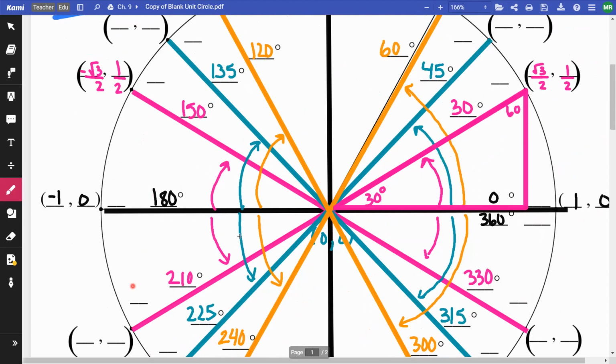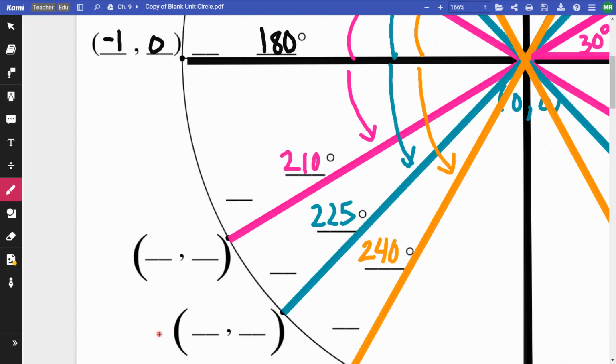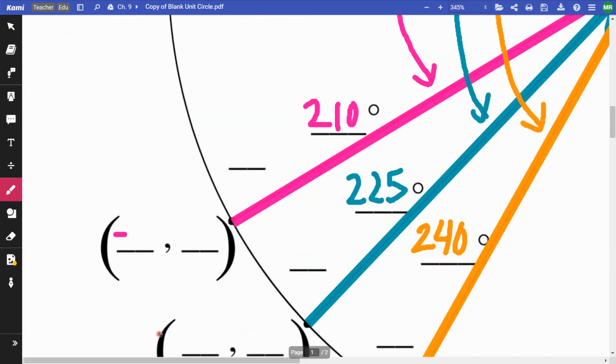That means this one down here is also going to be negative √3/2, but it's going to be a negative 1/2 because that's the quadrant I'm in. Negative x, negative y. So this is going to be a negative √3/2, comma, a negative 1/2.